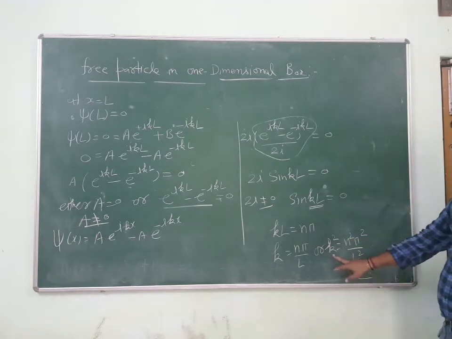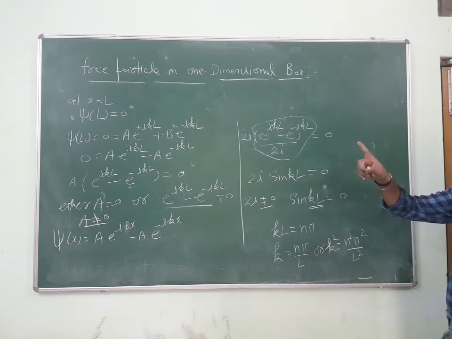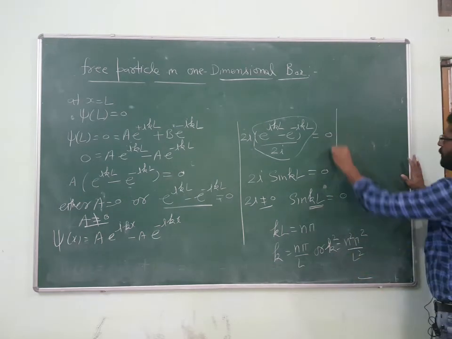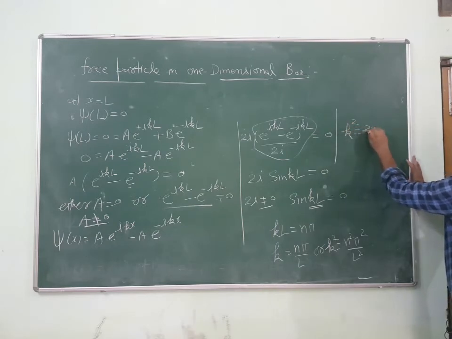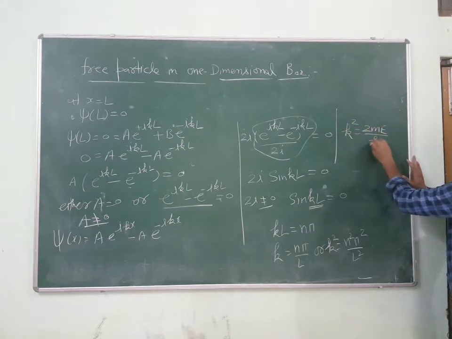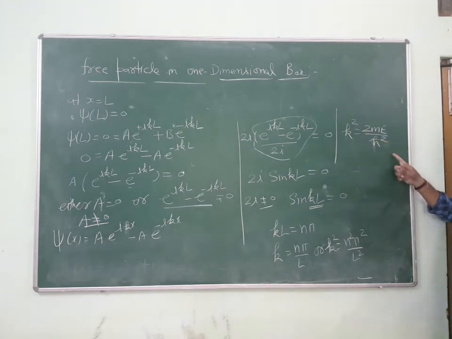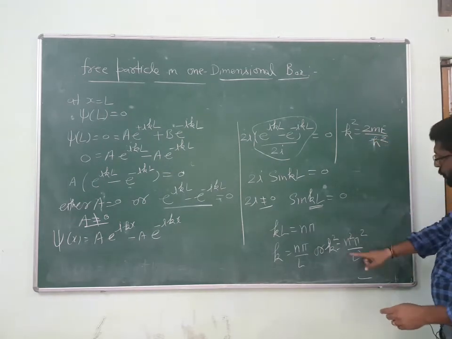And what was this k? This k was our constant which we defined as k square equal to 2mE by h cross square. So now equate these two equations.